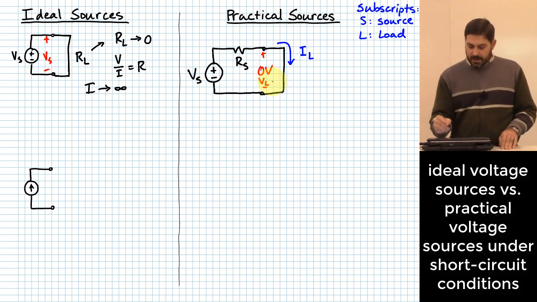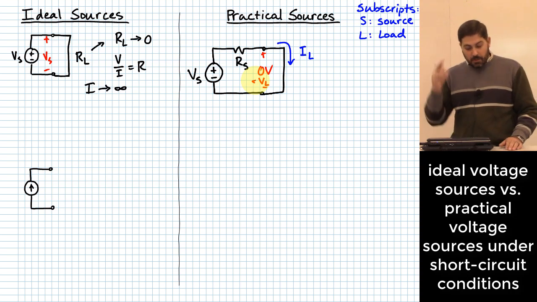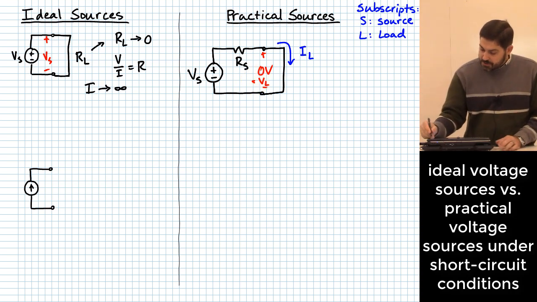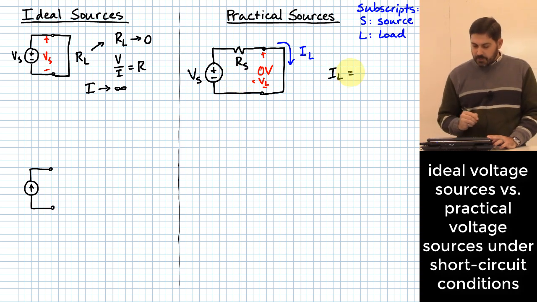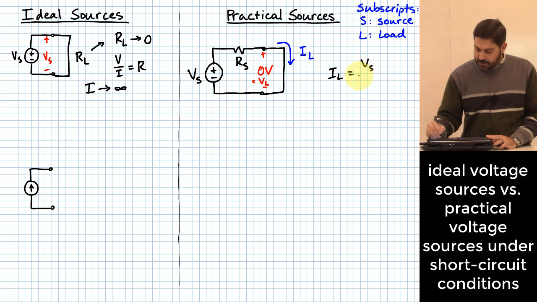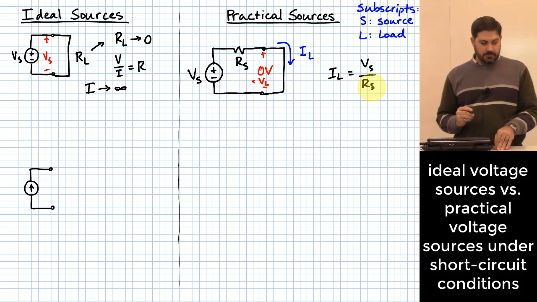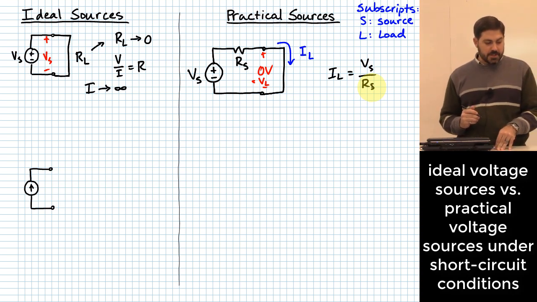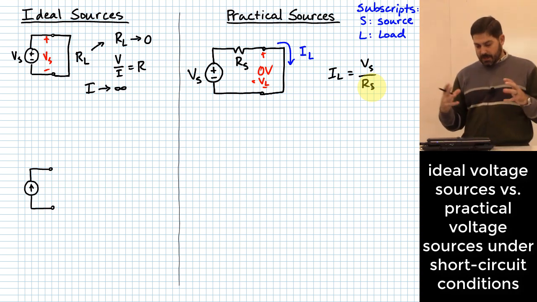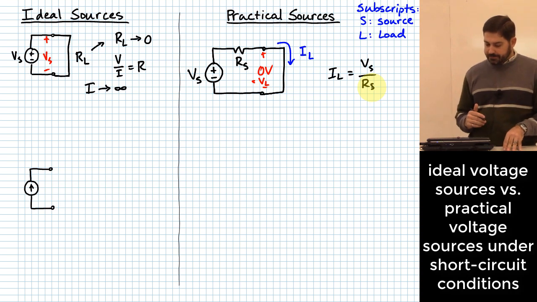And so the current through the load here is going to be what? We did this already when we did our example with the battery, but it's just going to be VS over RS. So this is no longer an impossibility for us to think about, a source with a wire just going directly across it.